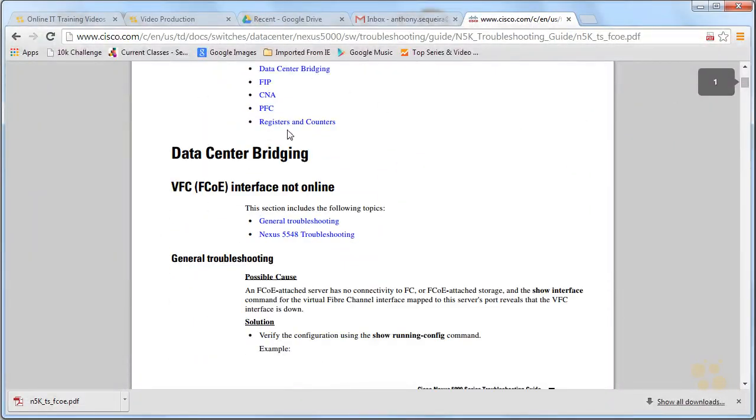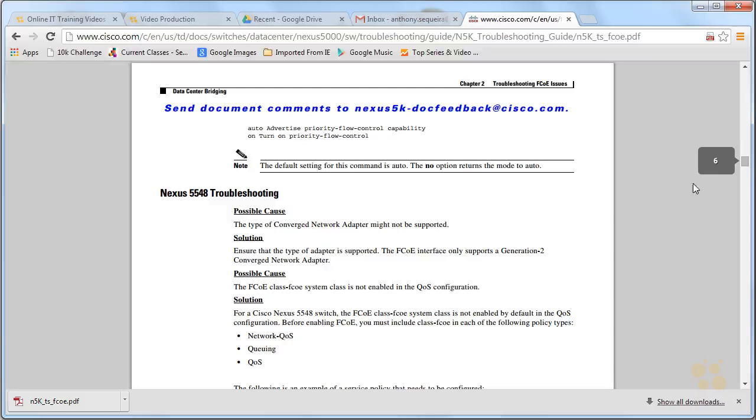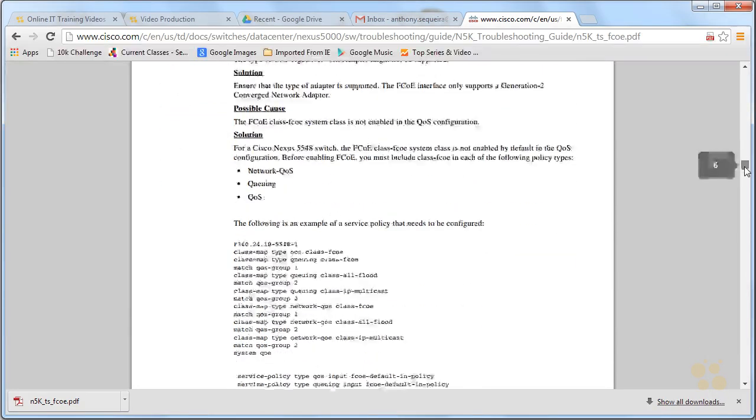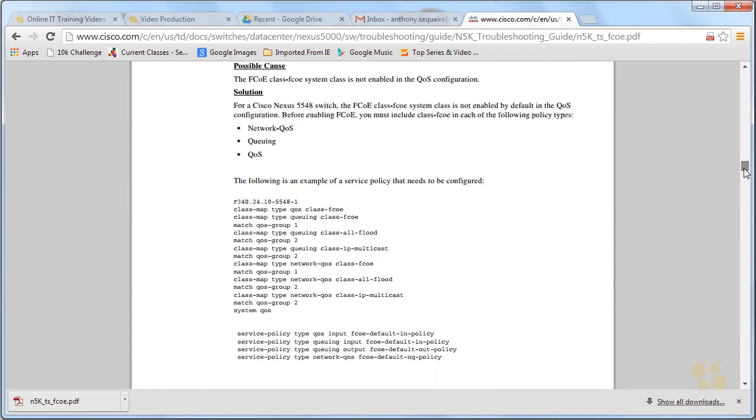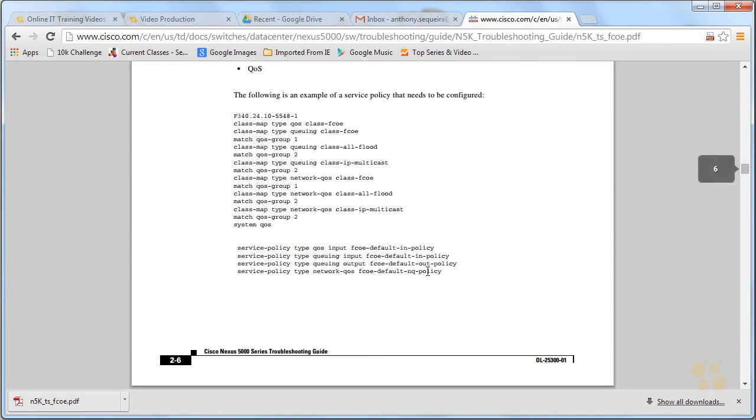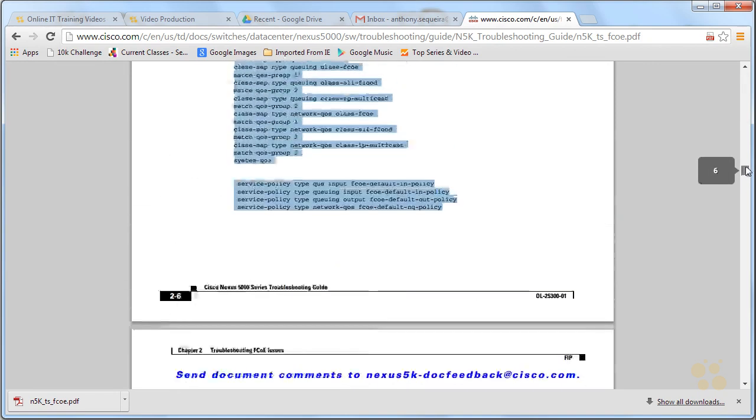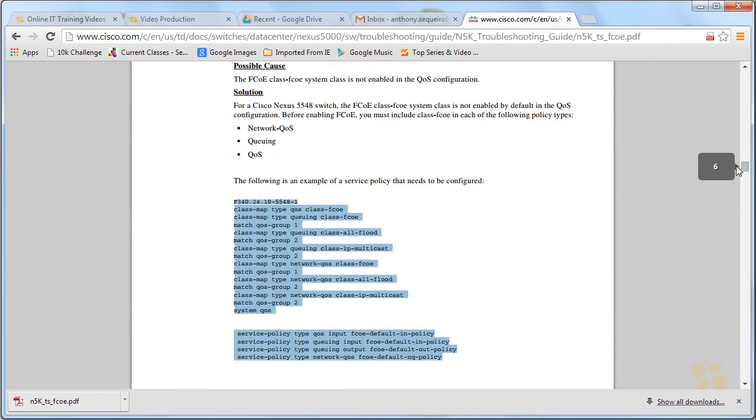Pay attention to specific platform issues like on this Nexus 5548. We can see that one of the issues is this particular QoS configuration that you would need for Fibre Channel over Ethernet is not input by default. You have to go in and manually input this configuration.